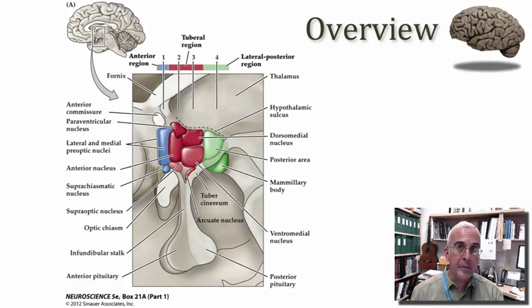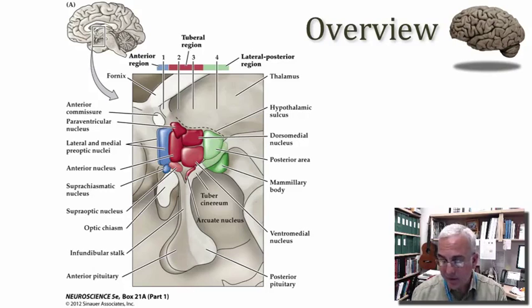In this respect, the hypothalamus is quite like the thalamus, where in the thalamus, as hopefully you're now quite comfortable with this idea, there are a number of discrete nuclei, discrete clusters of cells that have distinct input and output connections. And the information that's conveyed via those inputs and outputs helps to define the functional distinctions of each of those divisions. Well, the very same concept applies to the hypothalamus.